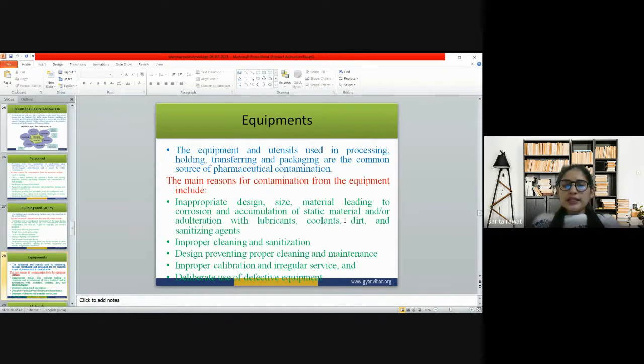The main reasons for contamination from the equipment include inappropriate design, size and material leading to corrosion and accumulation of static material and or adulteration with lubricants, colourants, dust and sanitizing agents, and also improper cleaning and sanitization, preventing proper cleaning and maintenance, improper calibration and irregular servicing, and also deliberate use of defective equipment.